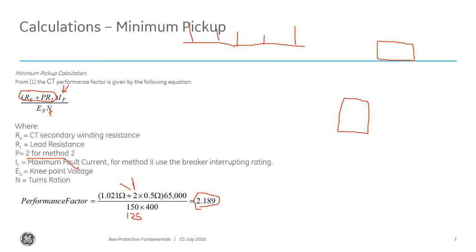Typically they put that paralleling cabinet sort of in the middle. That way, all the CTs, they're not the same lead length, but they're closer to the same than if you put it on one end or the other and then run back here. So that is one of the recommendations.